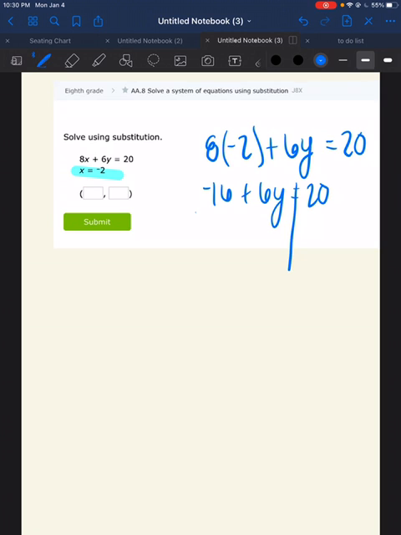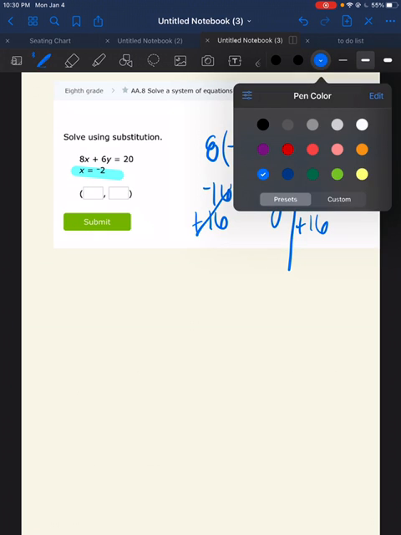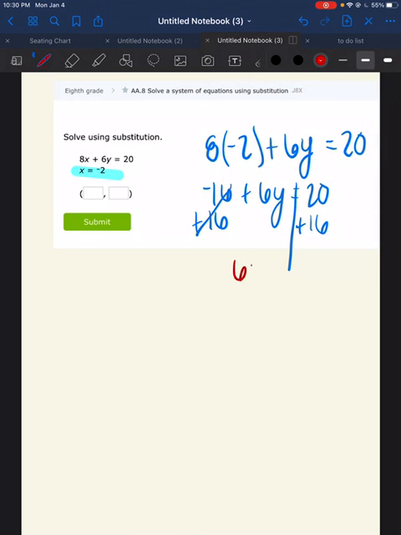I'm going to bring my negative 16 over by adding on both sides. That's going to be 6y equals 36. I'm going to divide to get y by itself. So y equals 6. So when x is negative 2, y is 6.